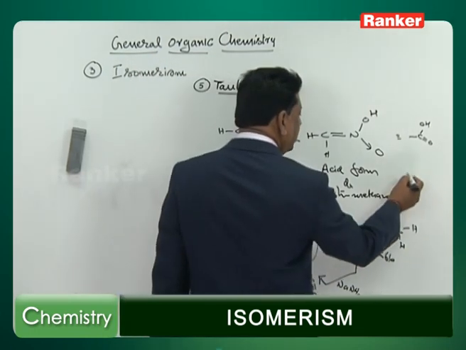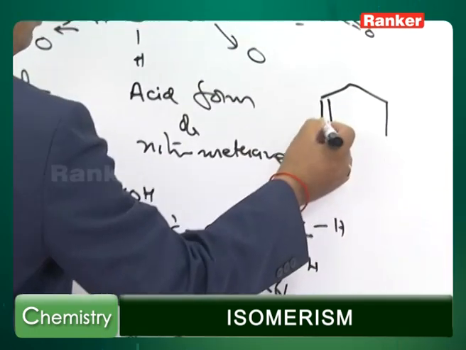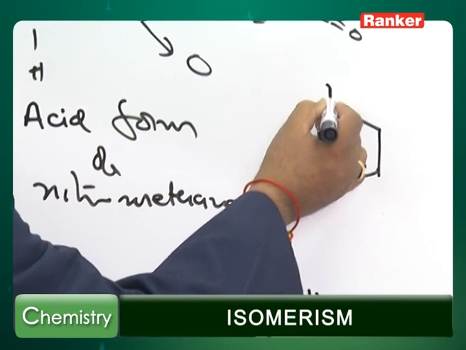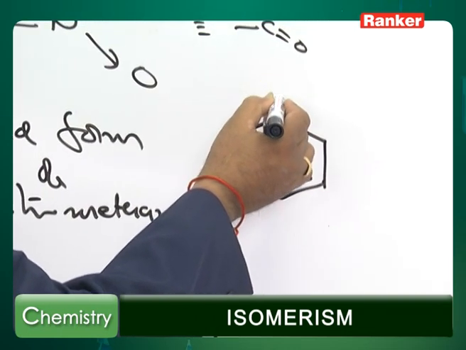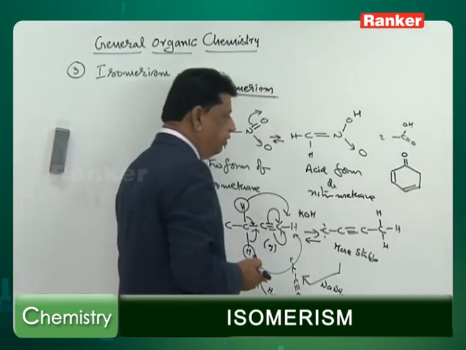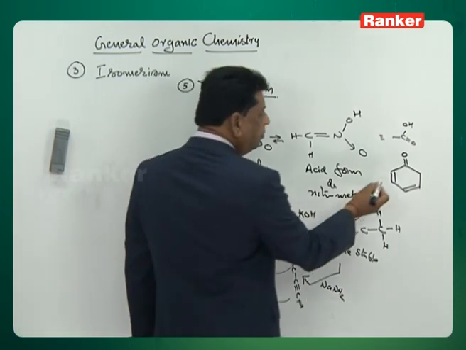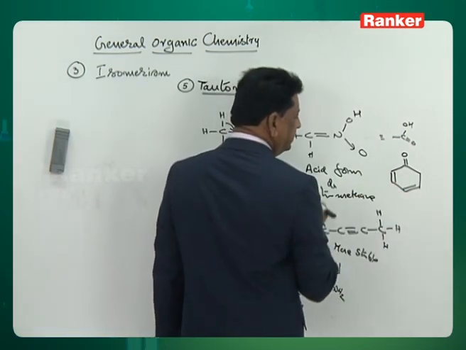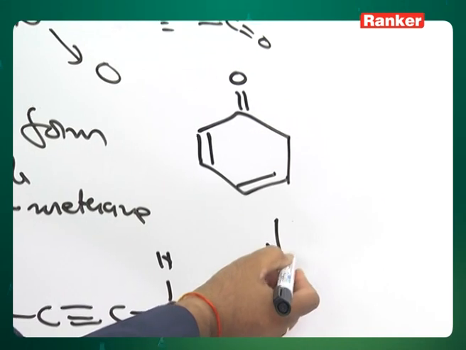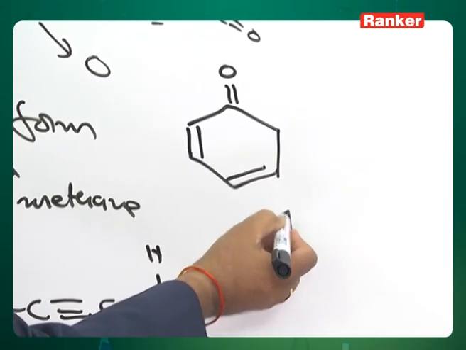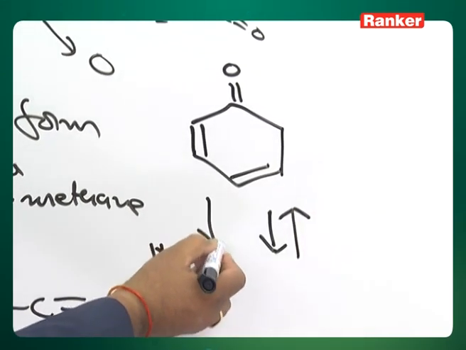Tautomerism: take a ketone, for example, this type of ketone. Already 2 double bonds are there in the structure, right? If this shows tautomerism, what happens? For tautomerism, you should not write this symbol.